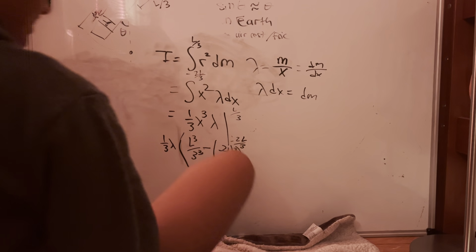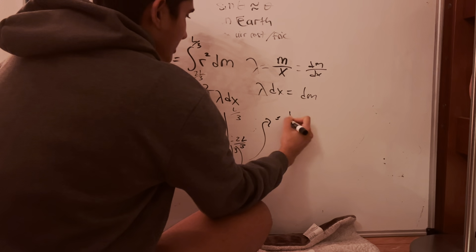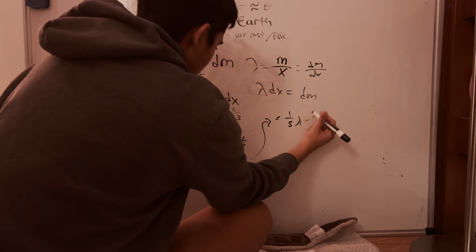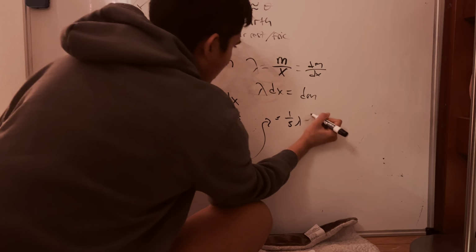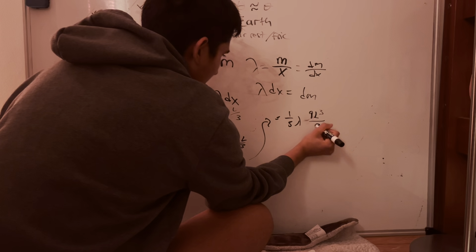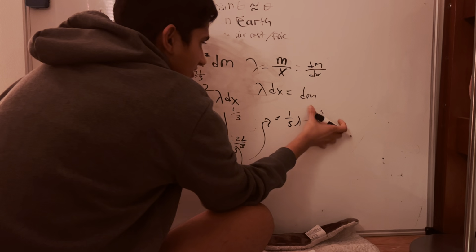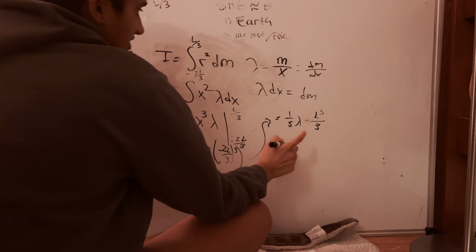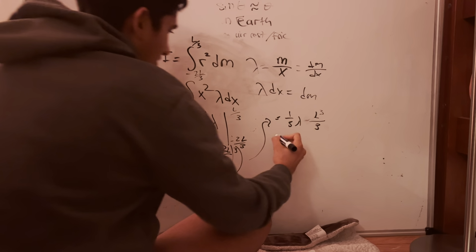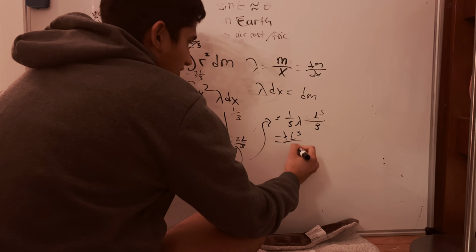And this is going to evaluate to 1/3 lambda times 9 L cubed over 3 cubed, which simplifies because this cube cancels out with this, and we're just left with 1/3 lambda L over 3 cubed, which then becomes L cubed lambda over 9.